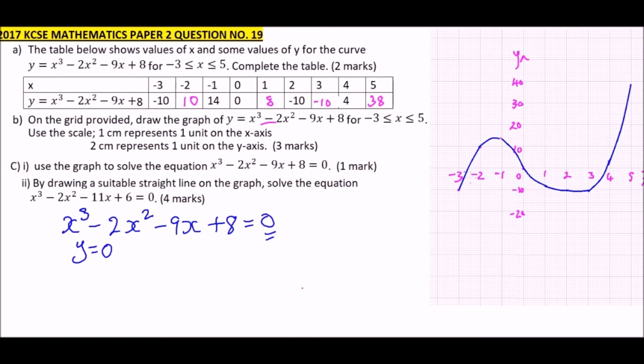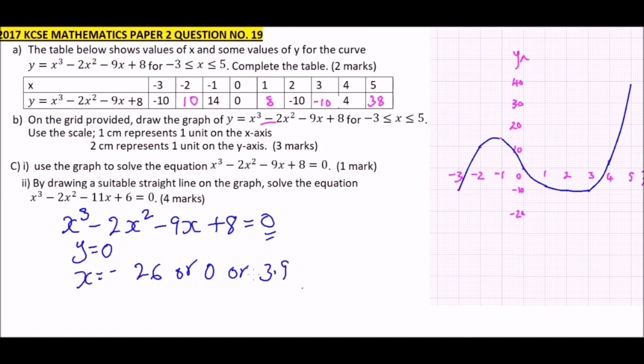So if you come to your graph, you find that y is 0 at the points where the graph cuts the x-axis. The first point is x equals around −2.6, or the other point where the graph cuts the x-axis is at 0.9, or the other point where the graph cuts the x-axis is at 3.9, roughly. So those are the solutions to that equation.